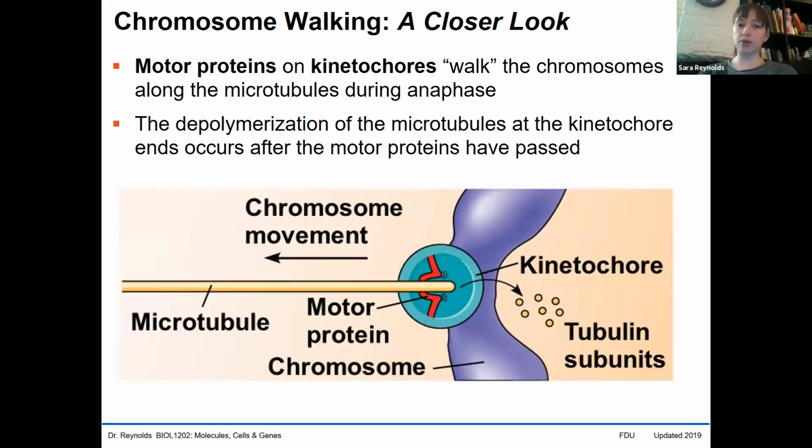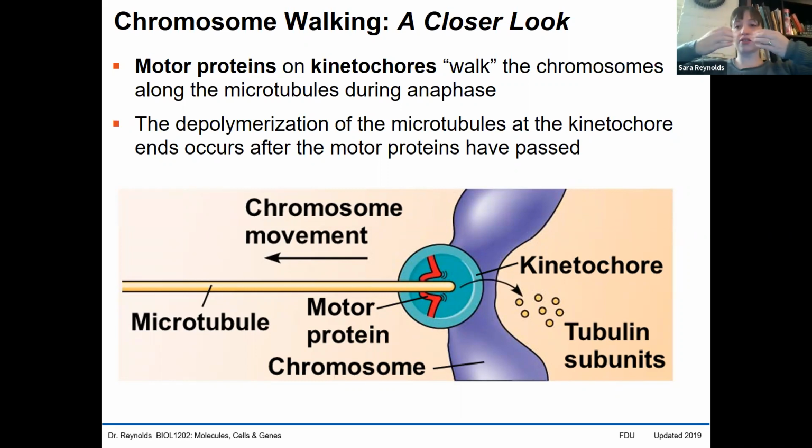So these motor proteins can walk along these microtubules and carry with them sister chromatids. This happens during anaphase, and there's an important thing where as these sister chromatids walk backwards, they can depolymerize microtubules. So remember that when we push and pull, we go through this process of creating and deforming. There's not actually muscles on either side pushing and pulling.